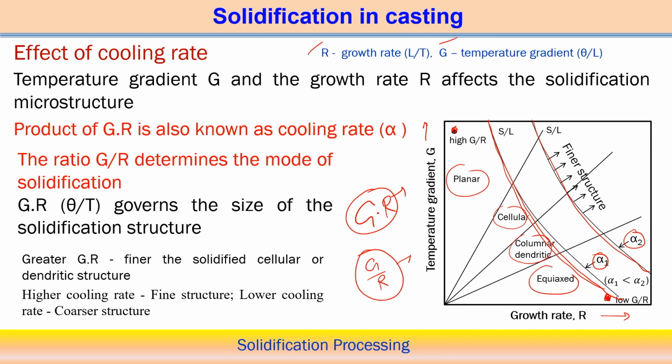So this is alpha 1, and alpha 2 is at low values of G into R, and this is at high values of G into R. High values of G into R, which we represent in terms of alpha, indicate fine structure, and low values of alpha 1 indicate coarse structure. Therefore a higher cooling rate forms a fine structure, and a lower cooling rate forms a coarse structure.